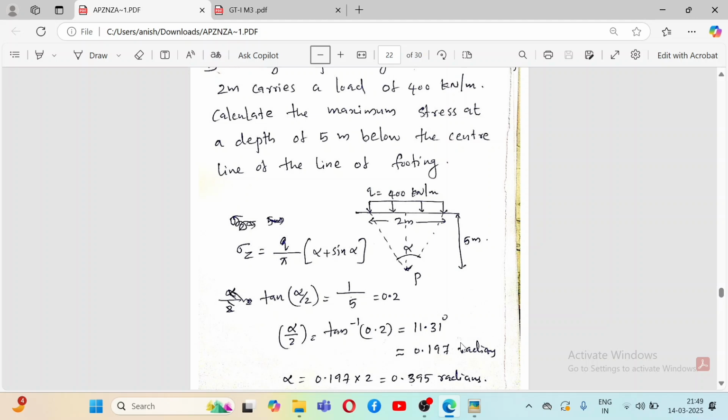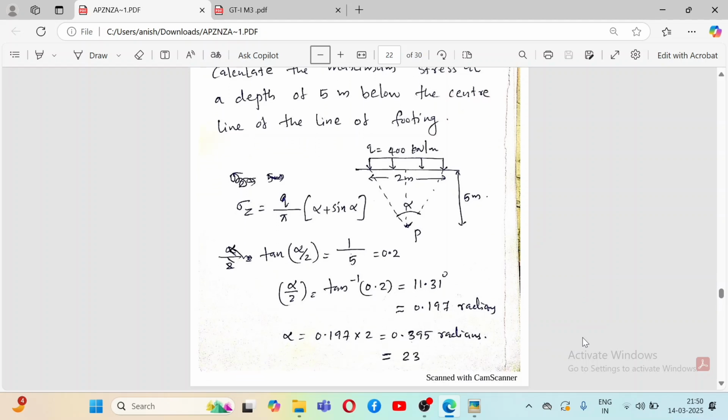So you have to convert it into radians. You can convert directly in the calculator by switching the mode to radians. Okay, you get the answer, and then alpha by 2 is equal to 0.197 radians.